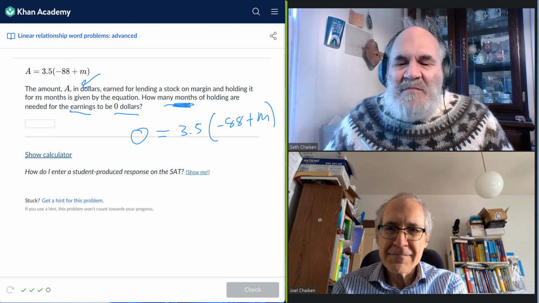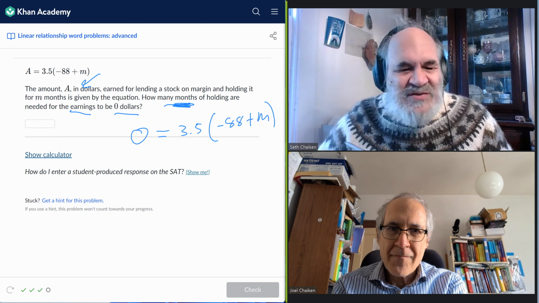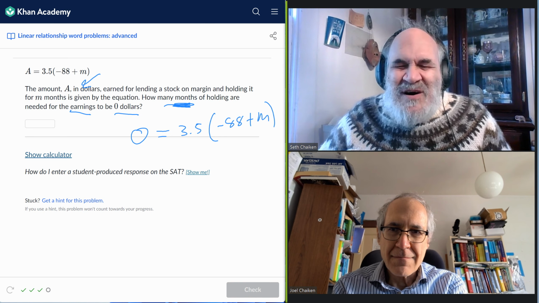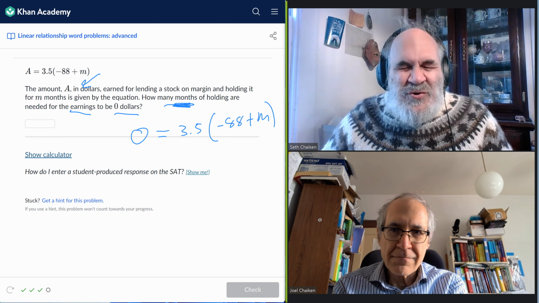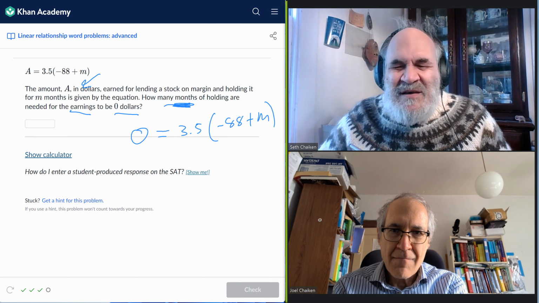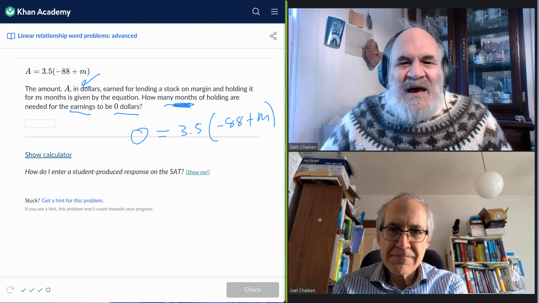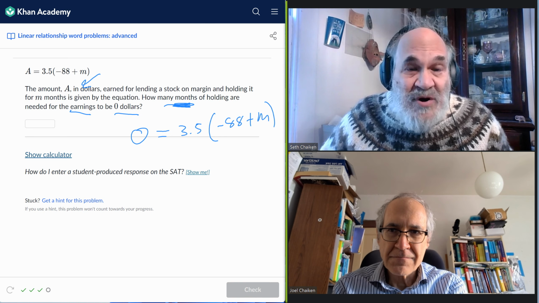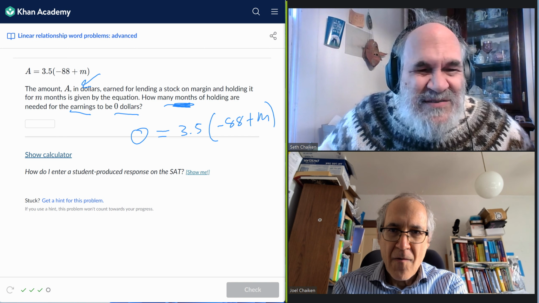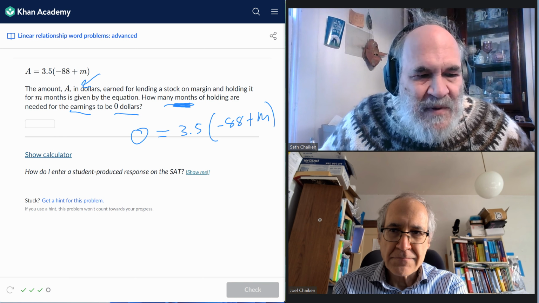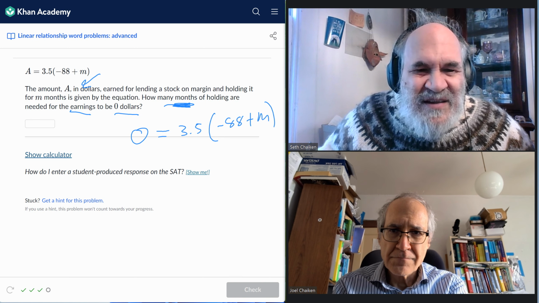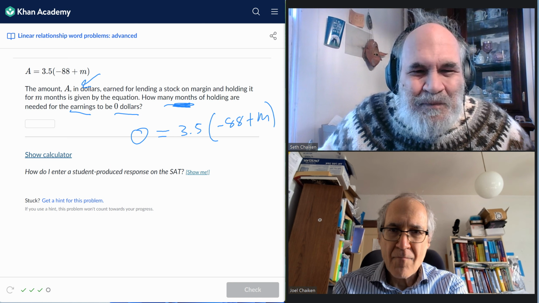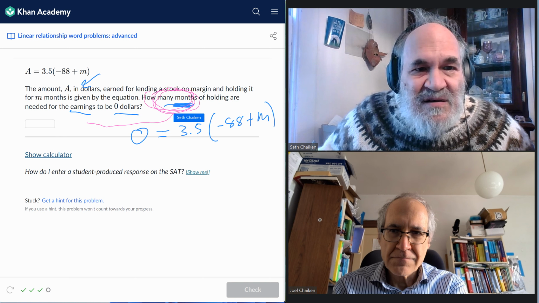So my take is that one approach to SAT questions, when the model is kind of nonsensical, is to simplify the question. And I will agree it's important to realize that the question they're asking is how many months make A zero.